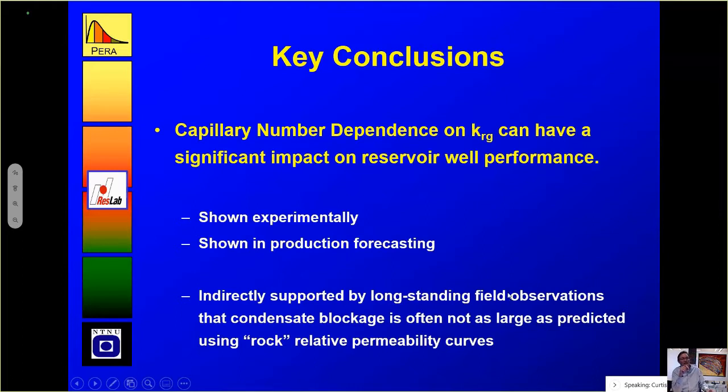So people like Fussell in 1973 made the comment in their paper that even though they modeled everything correctly, with a compositional model, fine gridded radial, and they captured all the blockage effect and put in rel perm curves, the blockage effect was not consistent with the field observations of the well performance. So that's where that comes from.